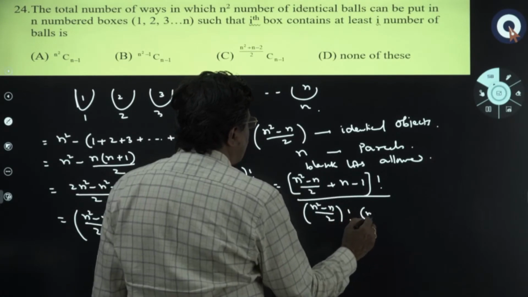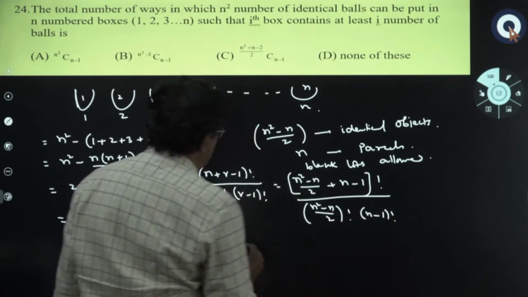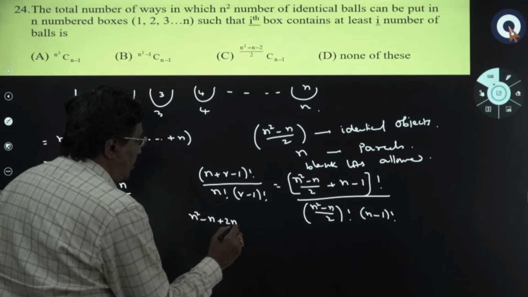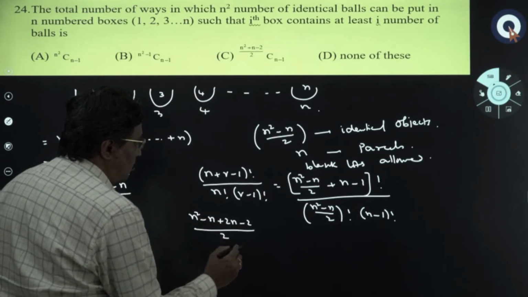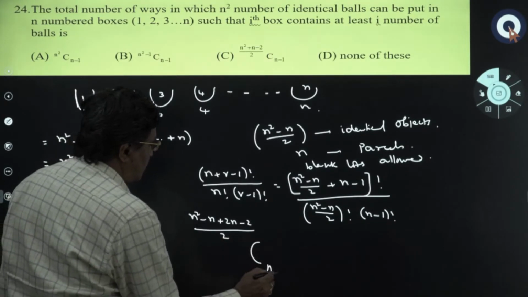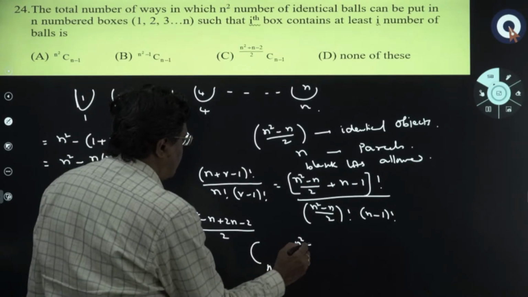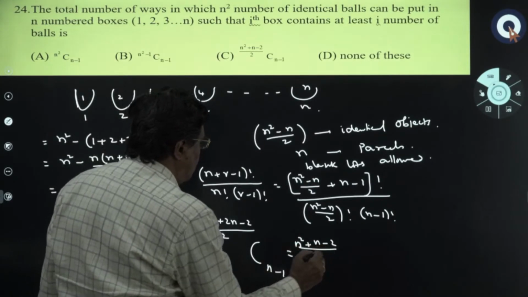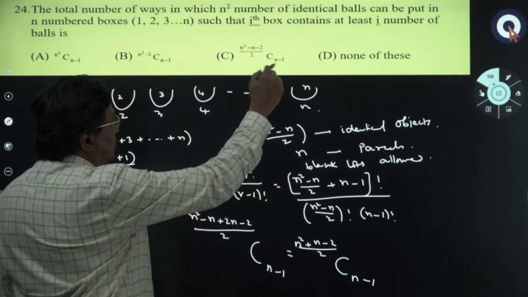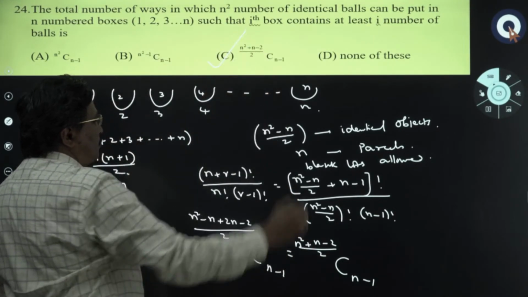So the numerator is ((n square minus n)/2 + n - 1)!, over ((n square minus n)/2)! times (n-1)!. So this becomes (n square minus n plus 2n minus 2)/2 C (n-1). So this happens to be (n square plus n minus 2)/2 C (n-1). So option C comes correct.